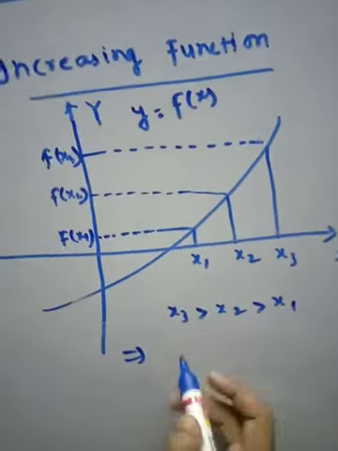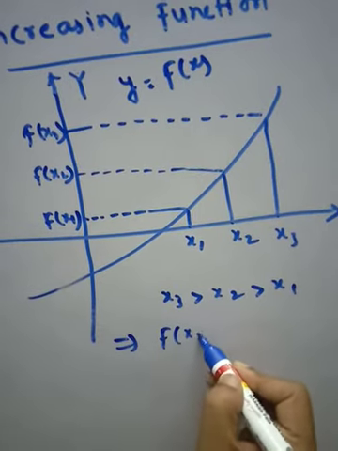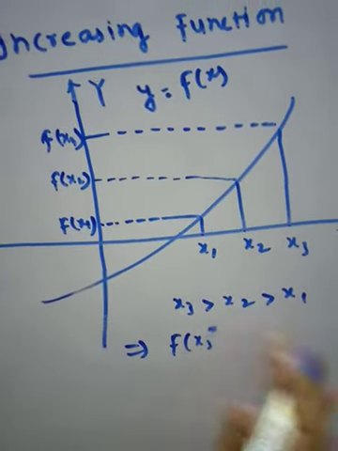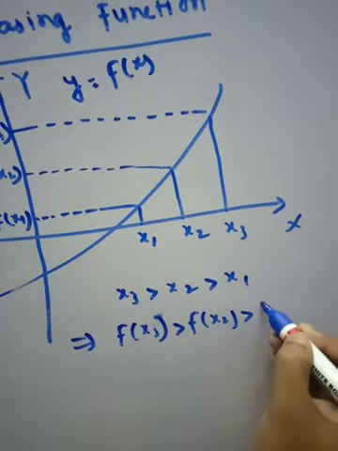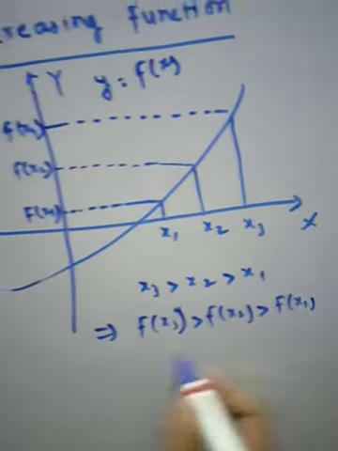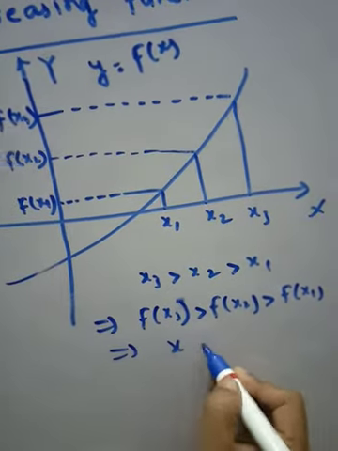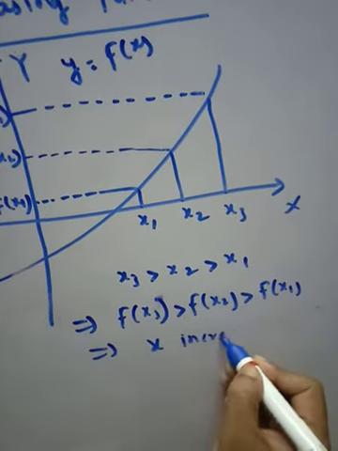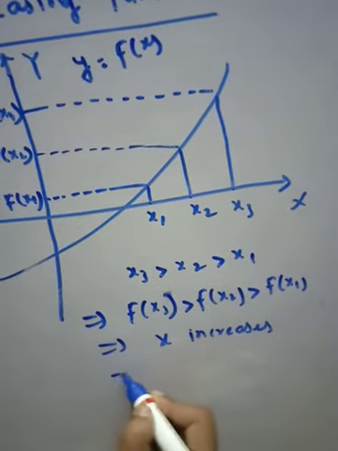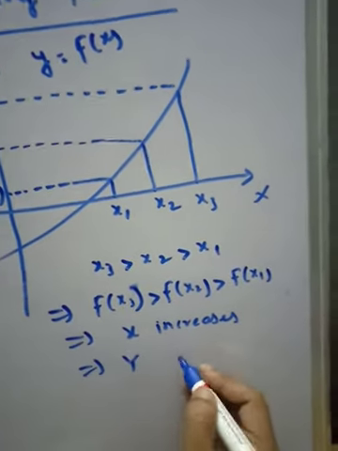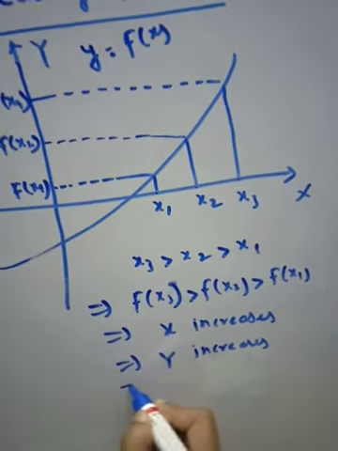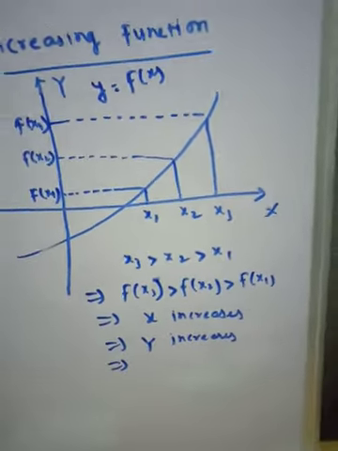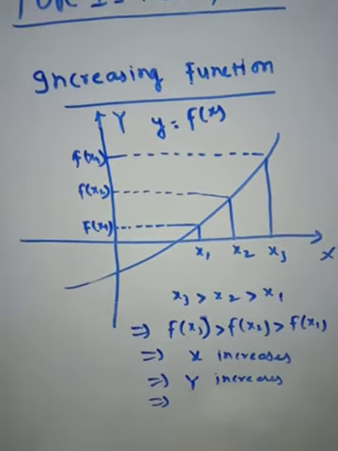So fx3 will be greater than fx2, greater than fx1. That means x increases, y increases. So that will be the increasing function.